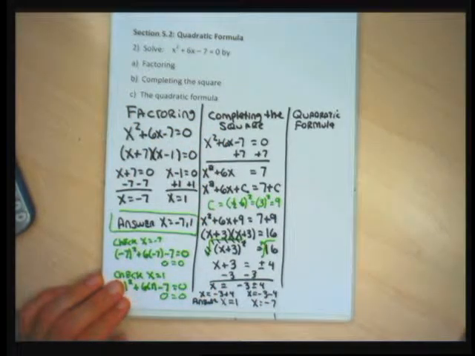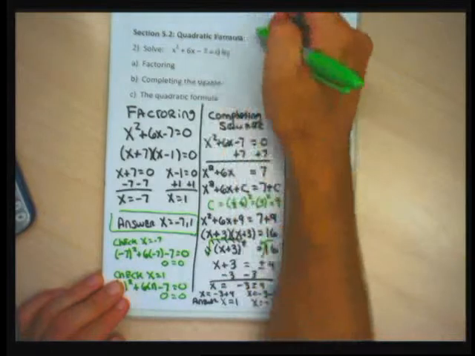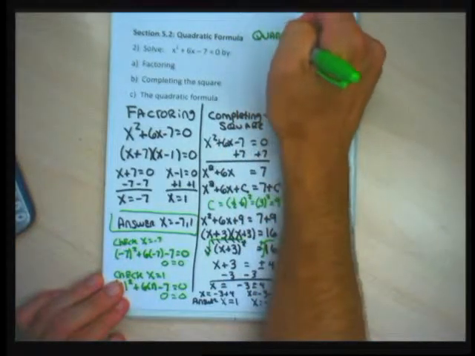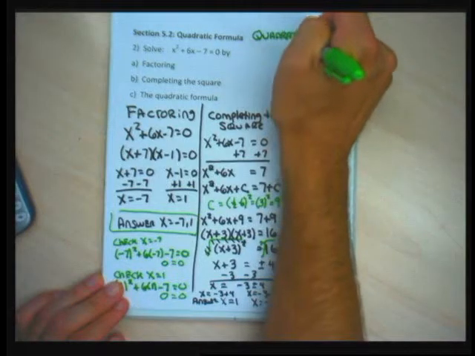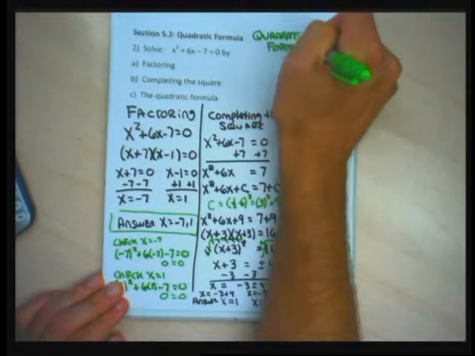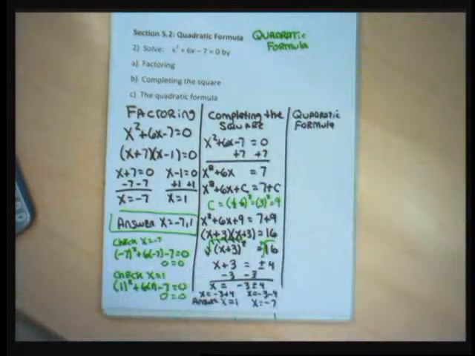So the new method is this thing called the quadratic formula, and it's really a nice formula. A lot of you have probably seen it before. More often than not, when I ask students to spit out the quadratic formula, they kind of mangle it a little bit.